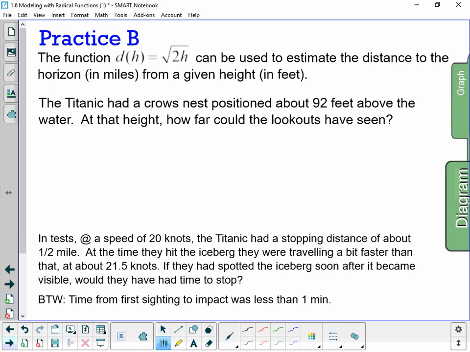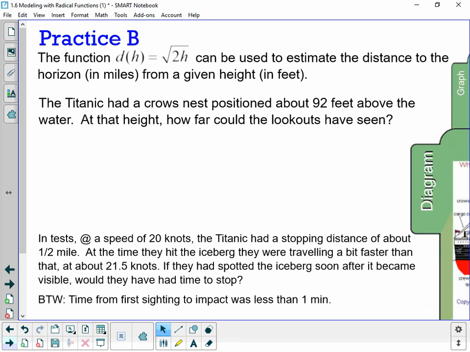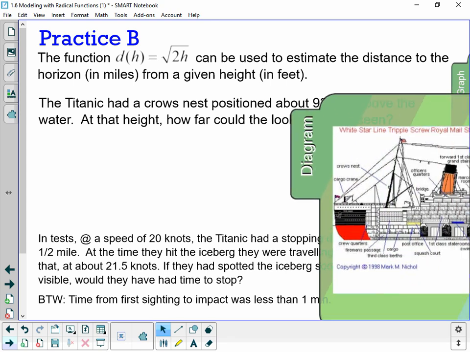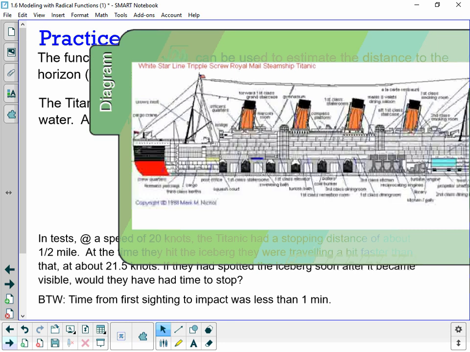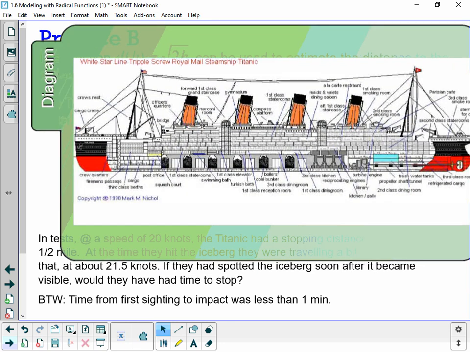So I want to talk about boats because on the ocean, where it's nice and flat, you can see pretty far. So we're going to look at the Titanic for a second. The Titanic has a crow's nest, and the height of the crow's nest on the Titanic was 92 feet.